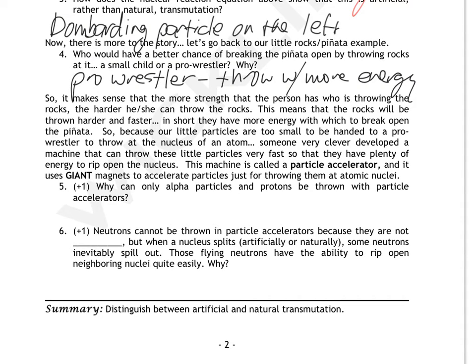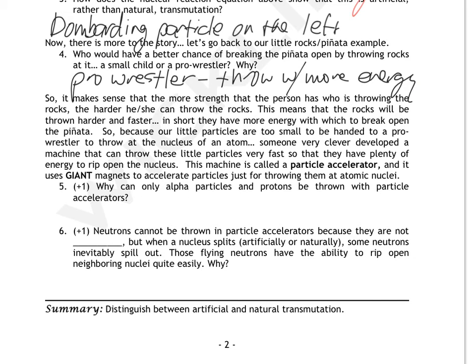The most famous one is at the CERN Institute in Switzerland, but it basically is a giant underground magnet, and you can think of it as a racetrack of sorts, only the cars are bombarding particles, and instead of using gasoline to move themselves, we use magnets inside the particle accelerator to make the cars move. So we basically just spin those bombarding particles at really high speeds using magnets, and they slam into a nucleus that we're aiming it at, and in rare cases, it'll break the nucleus open and we're able to study what comes out.